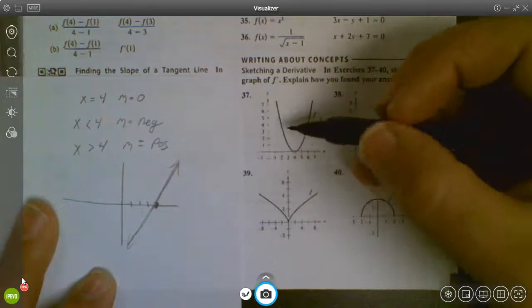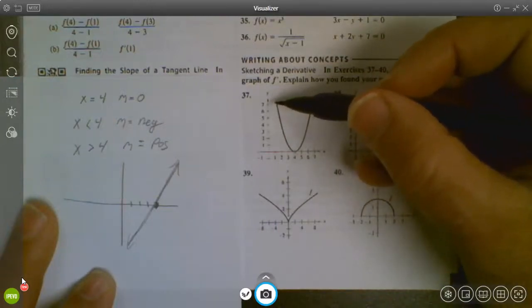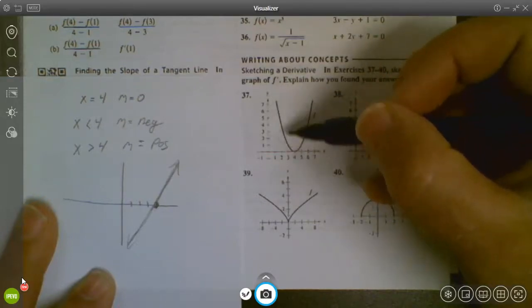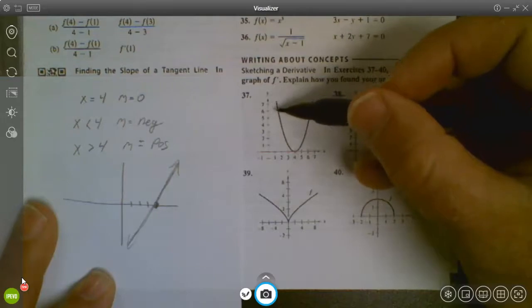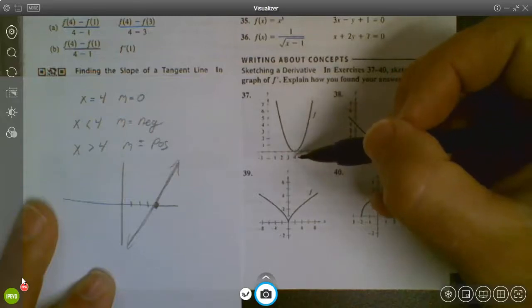The other thing I would mention on this one is, notice that these slopes go from increasing to decreasing. This is a steeper slope, and over here, this is a less steep slope, right?